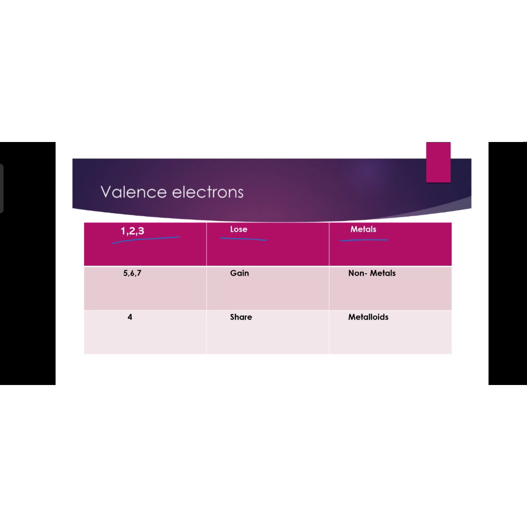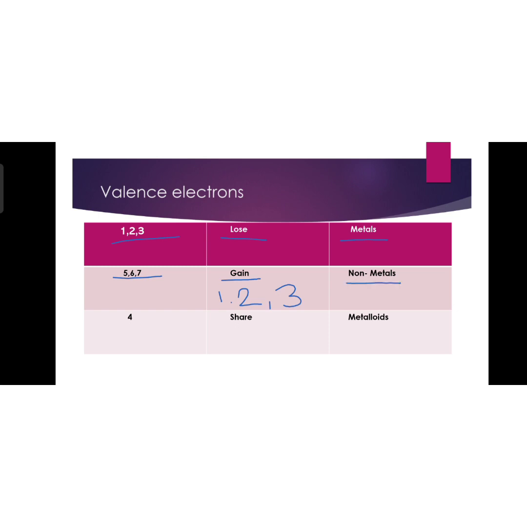Similarly, whenever there are 5, 6, 7 valence electrons, in order to complete the octet, they could lose these 5, 6, 7 valence electrons, but it is not easy to lose. Instead, they gain 1, 2 and 3 electrons to complete the octet, and these types of elements are known as nonmetals.